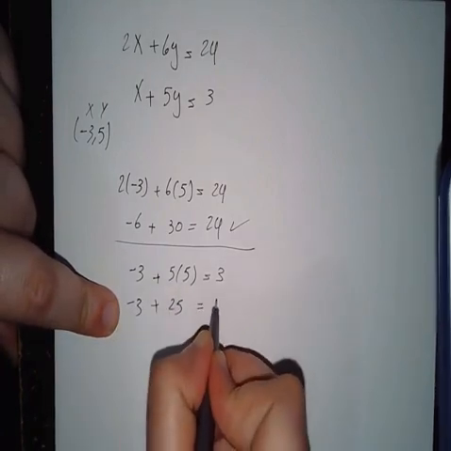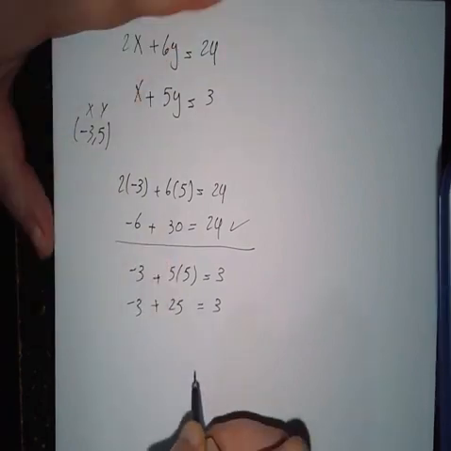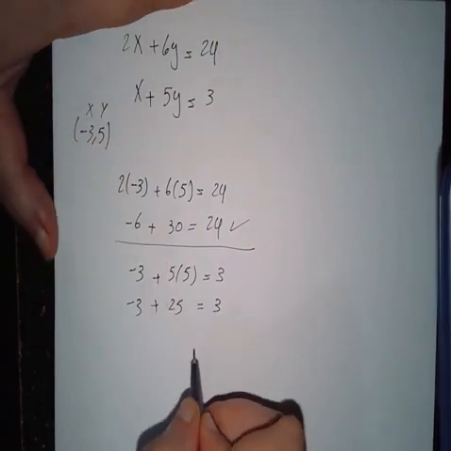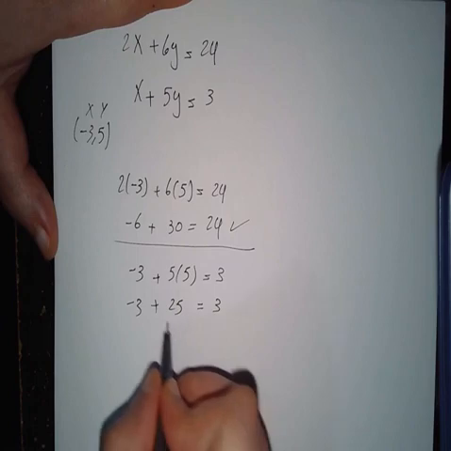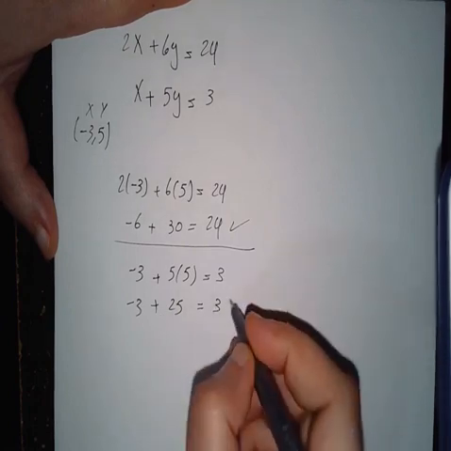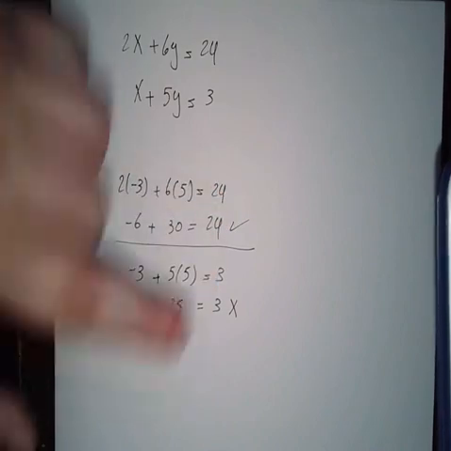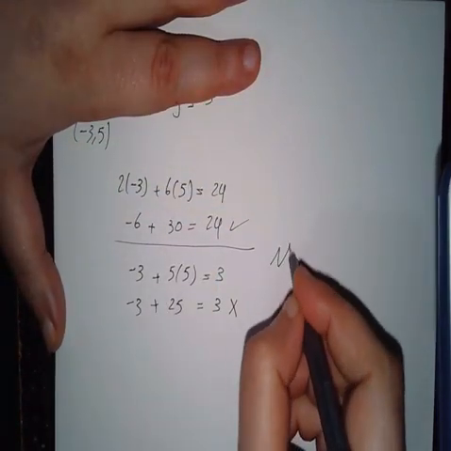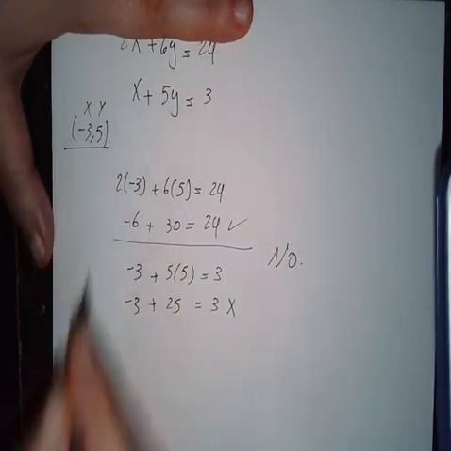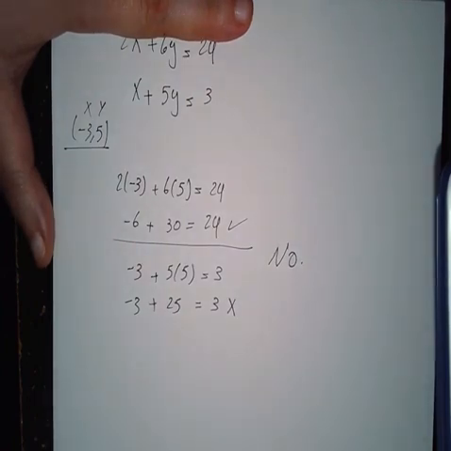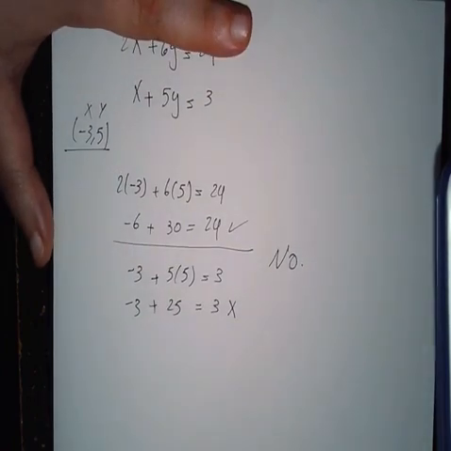So when you add -3 to 25, that gives you what? A total of positive 22. And obviously 22 is not 3. Therefore, this one is incorrect. Since one's right and one's wrong, that means the answer is no. This point is not a solution. Make sense? So it has to work for both.